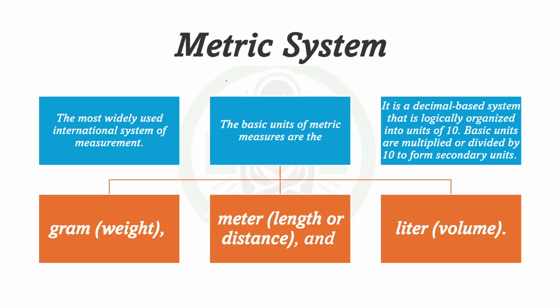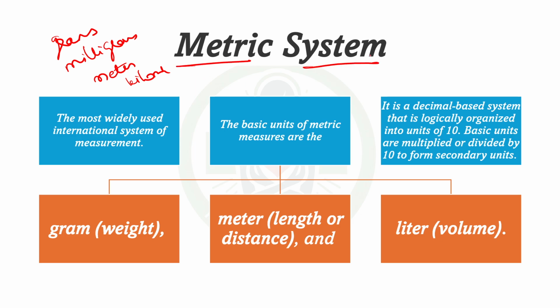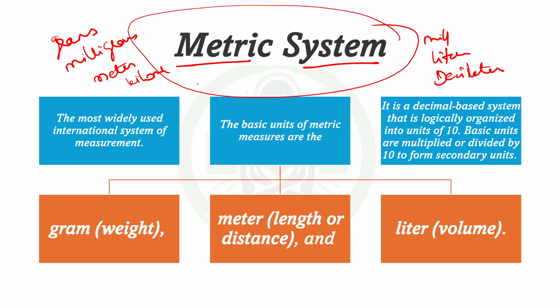So this is called the metric system, where we will document the medicine in grams, milligrams, and in length, meter, kilometer. If it is available in liters, then milliliters, liters, deciliters, that is how we are going to monitor. So this particular way of documenting is called the metric system of calculation.